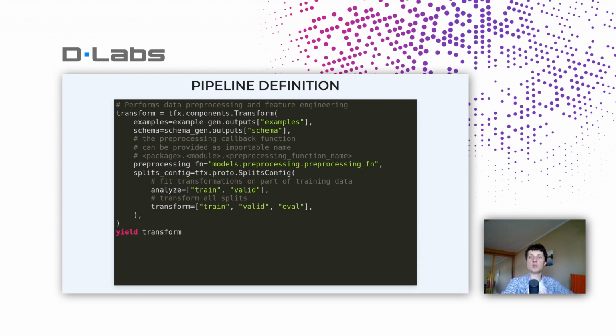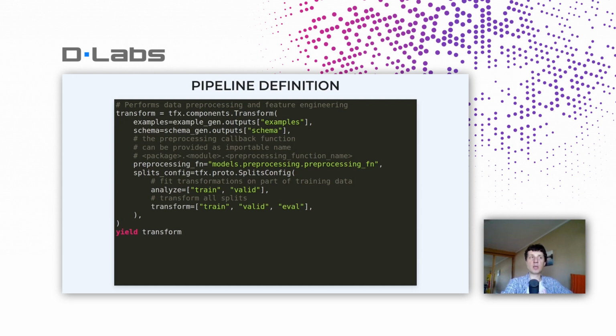This is what we saw implemented in the previous episode. We can also pass in the configuration of splits. We can say, for example, that the preprocessing should be fit on the train and validation splits, but should transform all three splits.